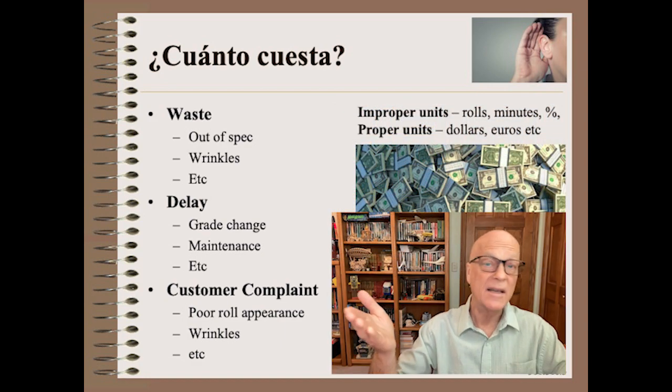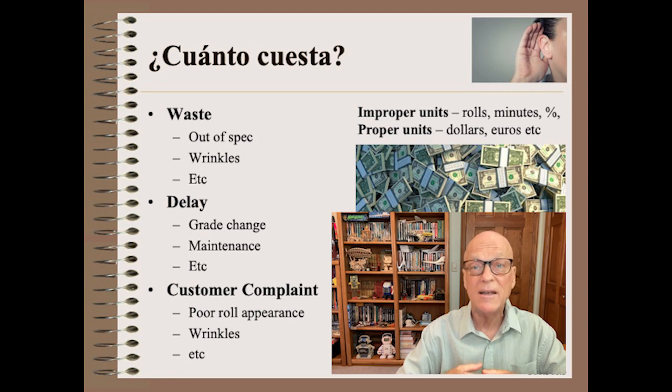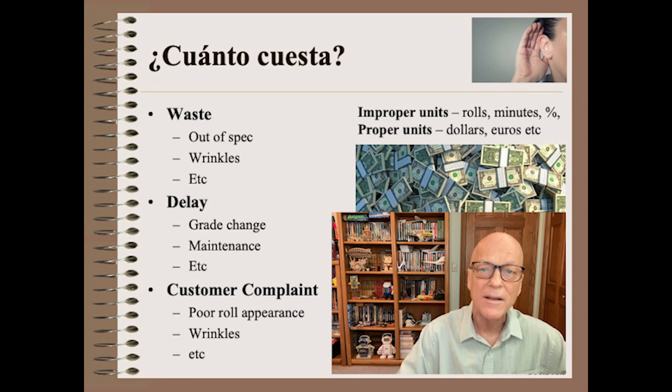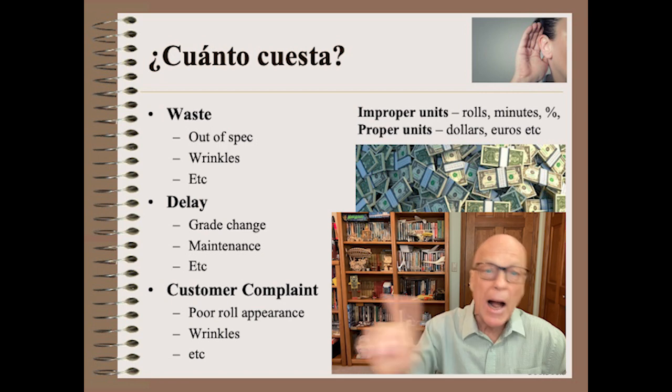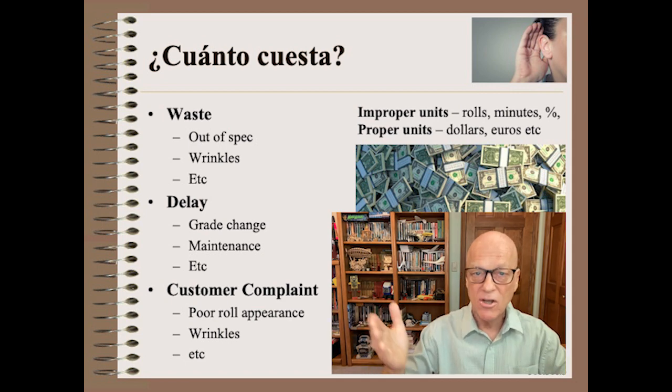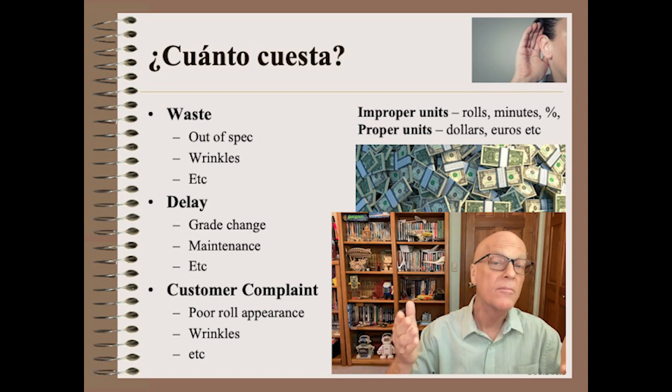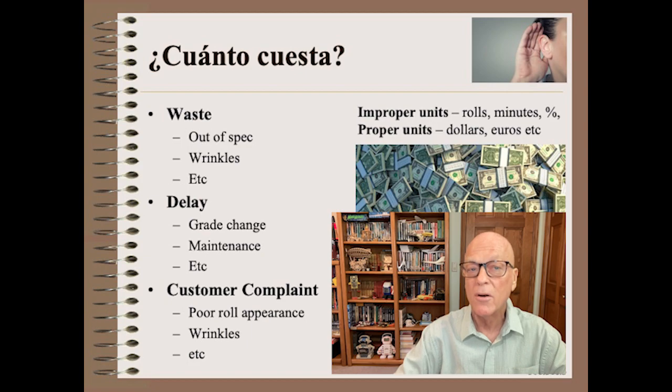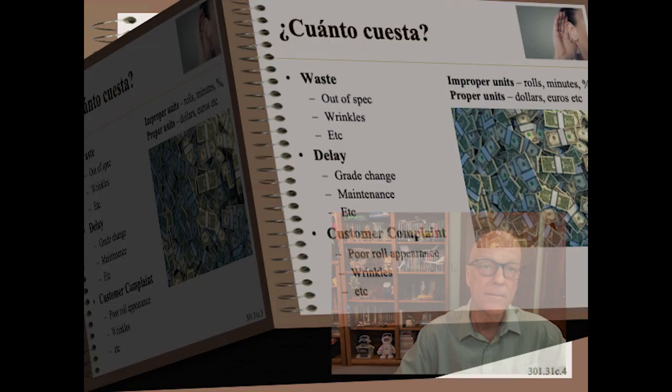Of course, as technical people, we need to get the units on our numbers correct. The proper units for customer complaints is not rolls returned last month. The proper units for downtime is not minutes or percent or so on. The proper units for all of these quantities is dollars, euros, yen, or whatever the local currency is.